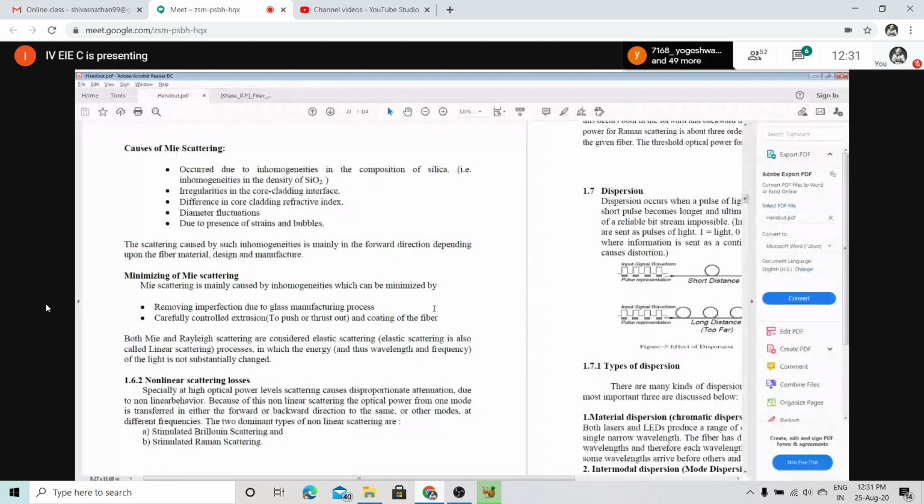Okay, and when we speak about non-linear scattering losses, we don't have any certain conditions for it.